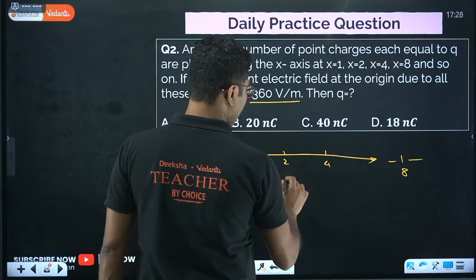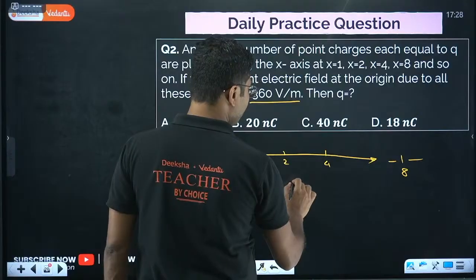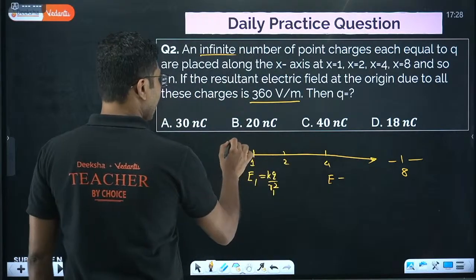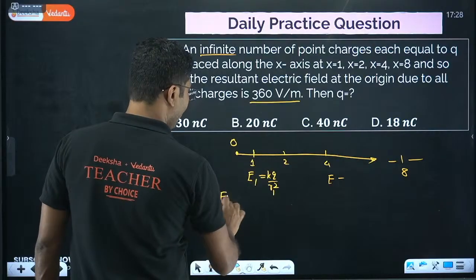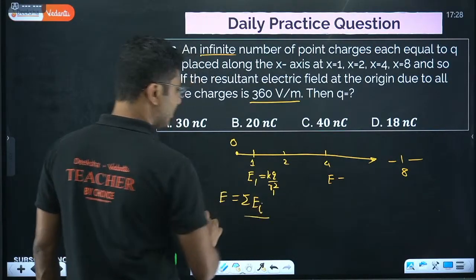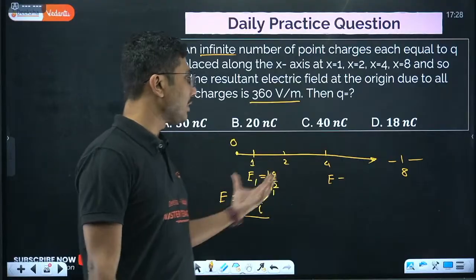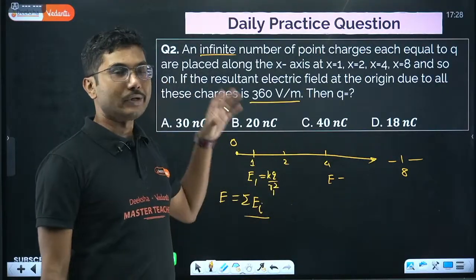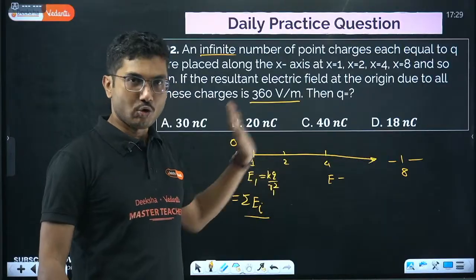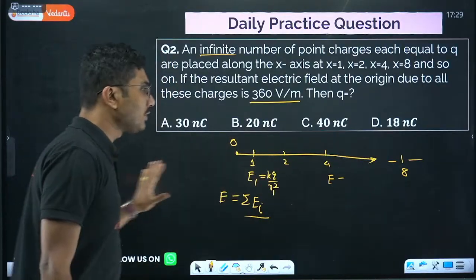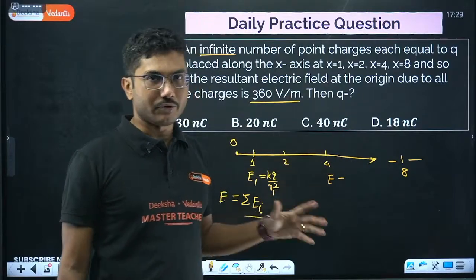So kq by r1 square, kq by r2 square. So you add all these electric fields at the origin, and then you find the total electric field by sum of all these electric fields. So you solve it. Once you write down the equations, it will be easier for you to solve it, and you will get an infinite GP series. I hope you have solved questions based on infinite GP series. Once you get the series, it will be very easy for you to solve.